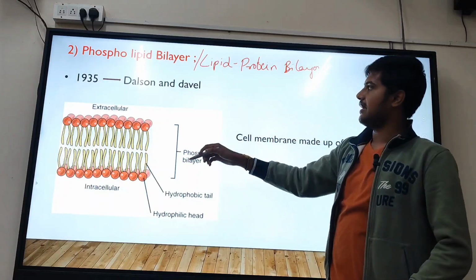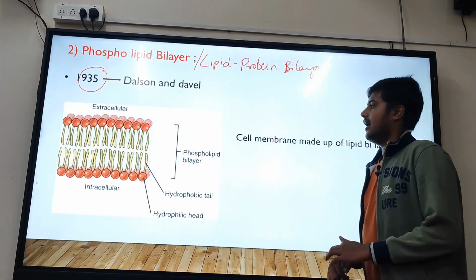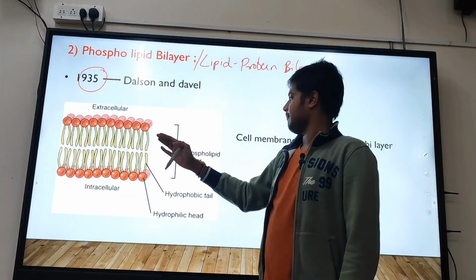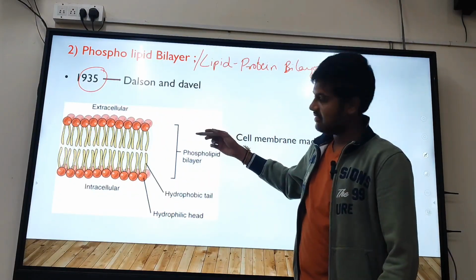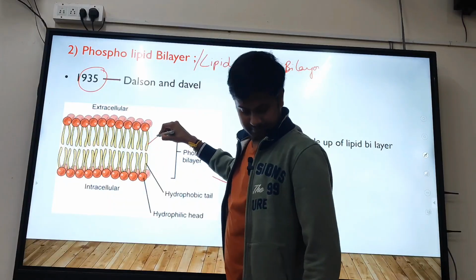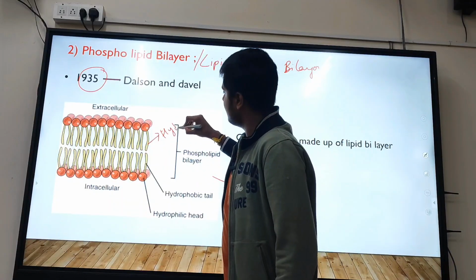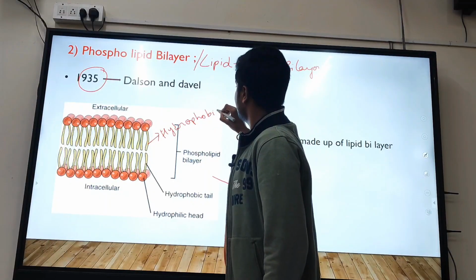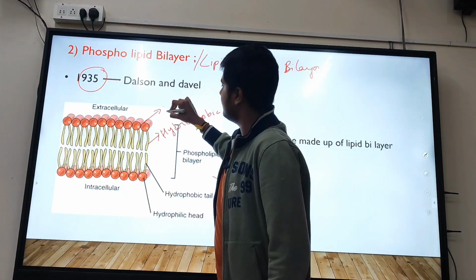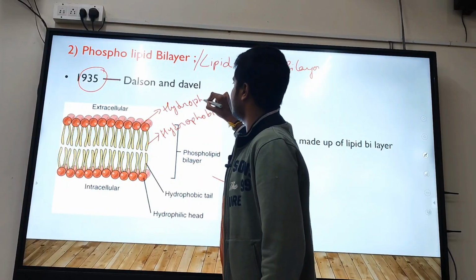It came into effect in 1935 by Danielli and Davson. As you people know, this is the lipid bilayer. The external one is the hydrophobic end. This is hydrophobic. This is hydrophilic, which means water loving.